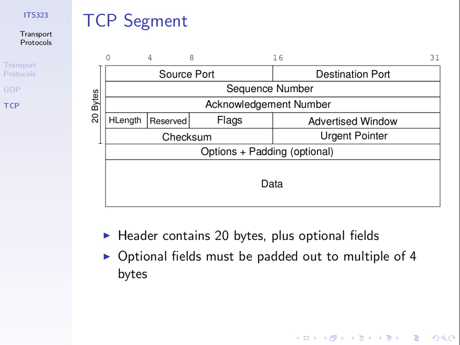And B sets the SYN flag to be true, to be on, and sets the sequence number to be the value it chose, 1049. So all that's happening here is that A chooses an initial value, tells B, B chooses an initial value and tells A. So they know what each other have chosen.